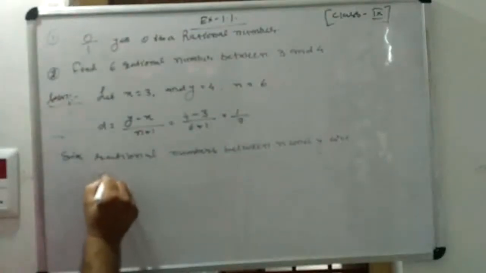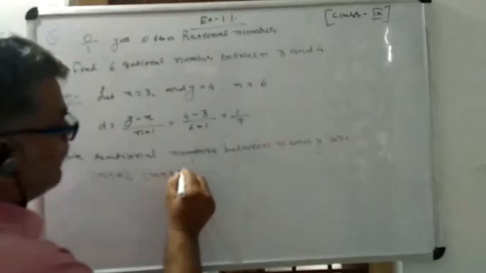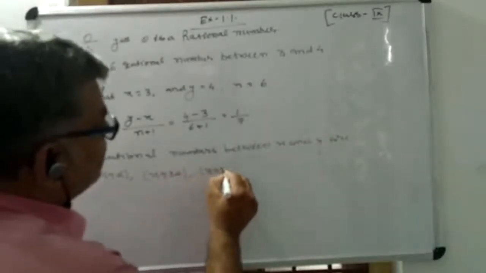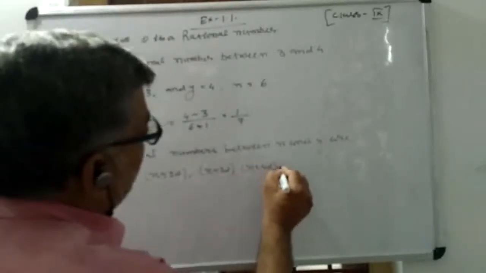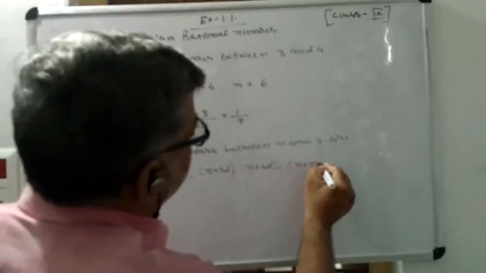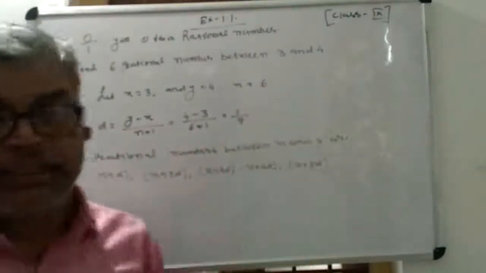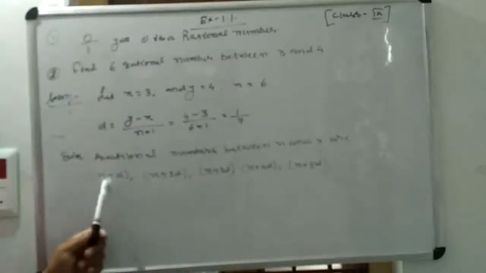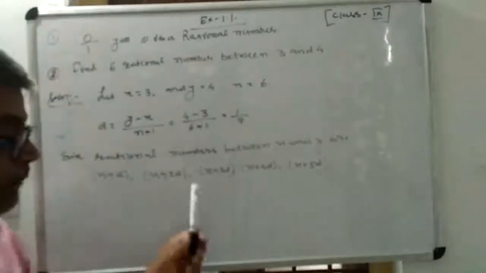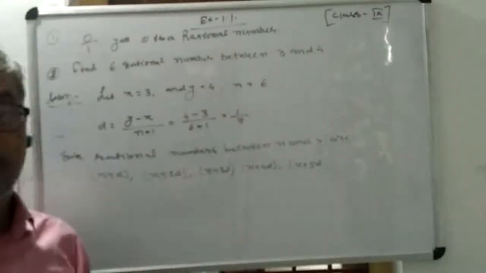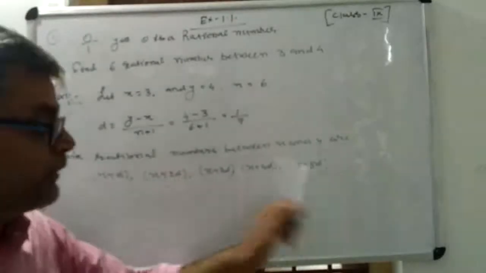Your first rational number will be x plus d, then x plus 2d, x plus 3d, x plus 4d, and x plus 5d, and so on. How many numbers are to be found? We proceed in this way. So our first number will be x plus d, second number x plus 2d, third number x plus 3d, fourth number x plus 4d, and fifth number x plus 5d.